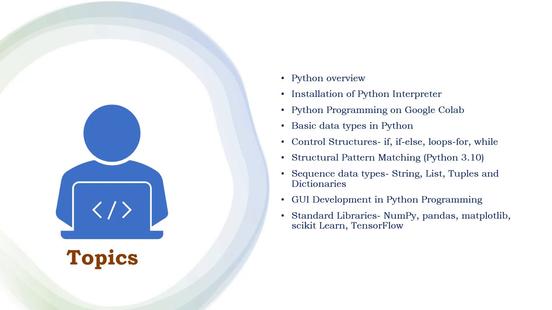After that we will move to structural pattern matching, a feature that was updated in Python 3.10. Then we will have a session on sequence data types like string, list, tuples, and dictionary. These are the data structures that we have especially in Python programming, and how we can use them.